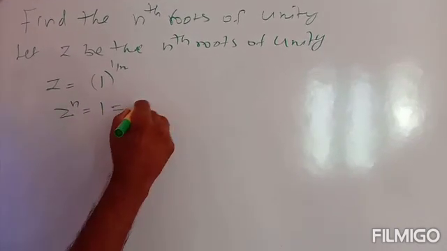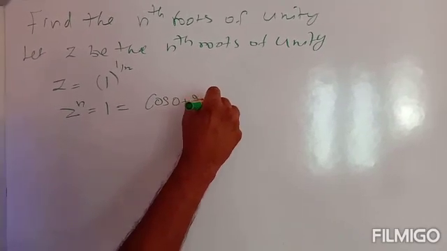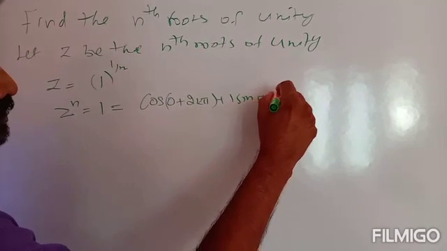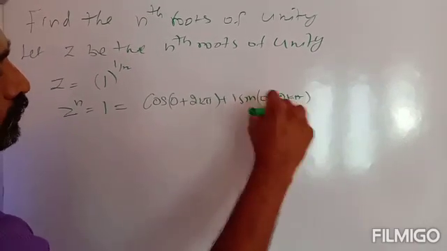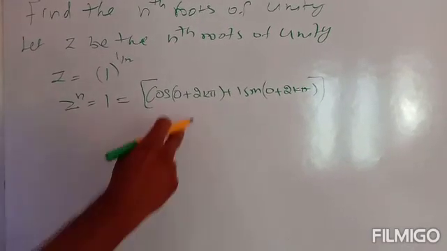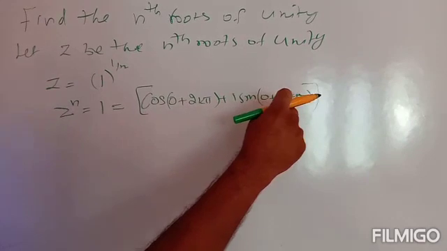That is equal to 1, we can write that as cos 0 plus 2k pi plus I sin 0 plus 2k pi. Because 1 is equal to cos 0 plus I sin 0, it is not unique, so we can add the 2k pi. So 1 is equal to cos 2k pi plus I sin 2k pi.